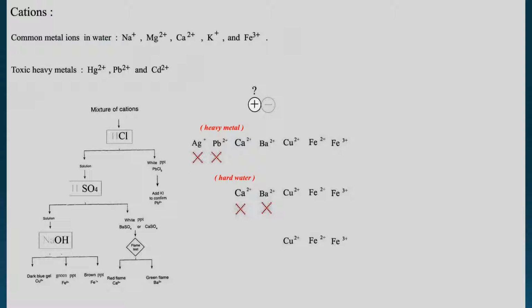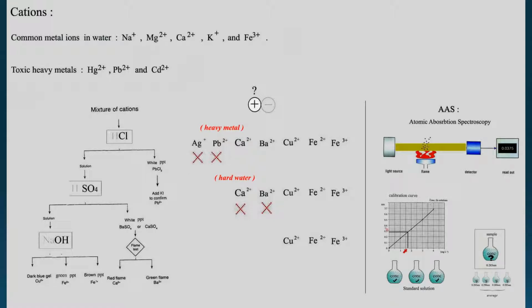We use sulfate to precipitate. Once we identify the ion, then we quantify by AAS. As we say, now I'm using the lamp, shining the light through and getting the reading. Here, put in the calibration curve and you will find out how much concentration of calcium in ppm, meaning mg per liter.